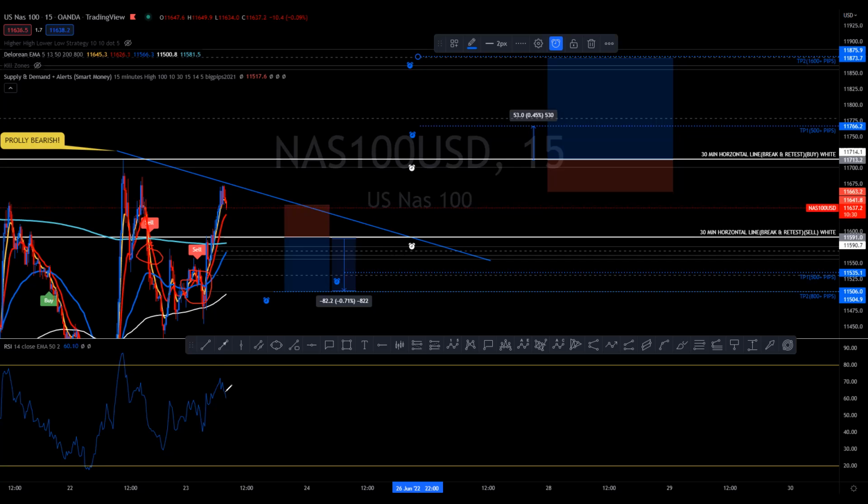So if I see this correctly, I think NAS is probably going to sell eventually. So if it crosses this line, especially if it crosses below the moving average, then I might have a solid sell here.